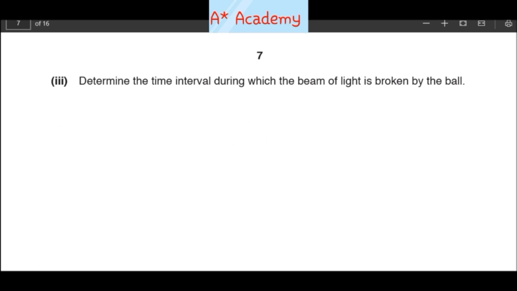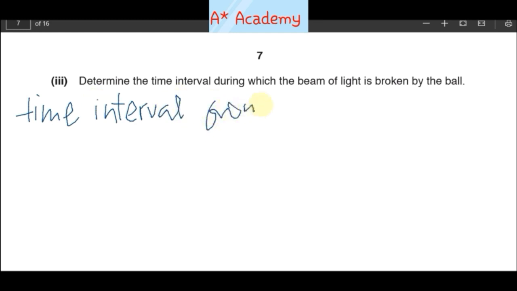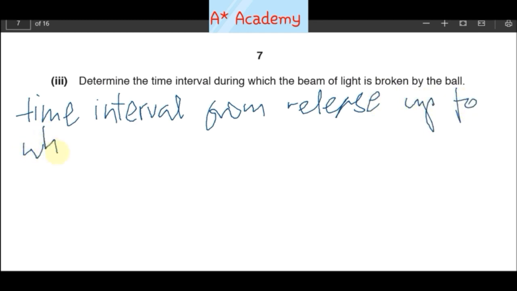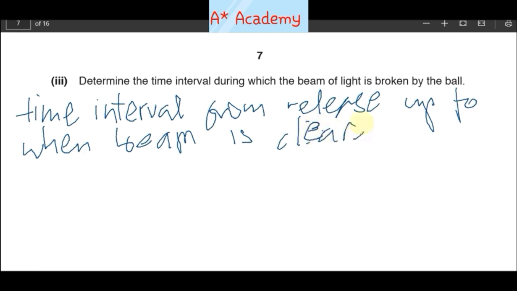So remember, the time interval from release up to when the beam is cleared is equal to 0.271 seconds.